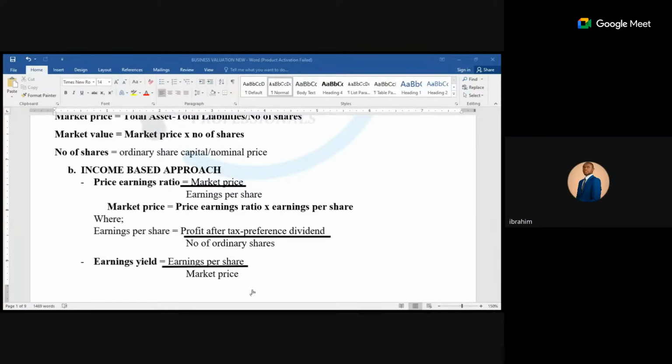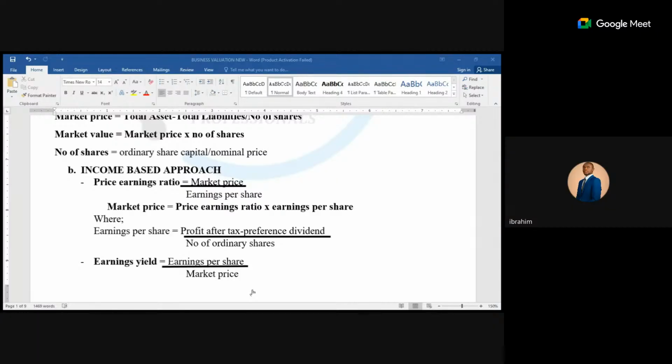You have your market price. Class, what is the formula for calculating earnings per share? The profit after tax minus preference dividend divided by the number of ordinary shares. We have the earnings per share. If there is preference dividend, you minus it.